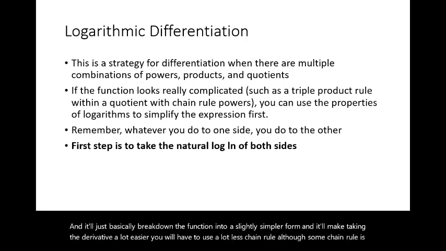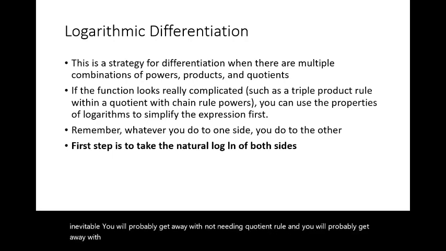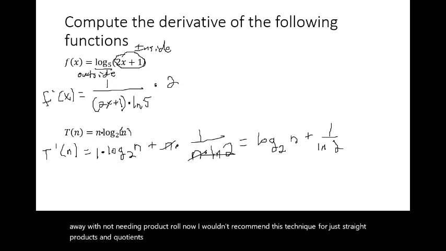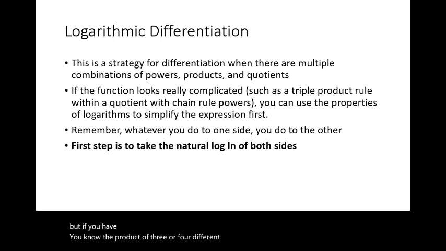You will probably get away with not needing quotient rule, and you will probably get away with not needing product rule. Now, I wouldn't recommend this technique for just straight products and quotients, like n times log base 2 of n. By the time you actually go through the logarithmic differentiation process, it will take longer than just using product rule. But if you have a product of 3 or 4 different functions, it's probably a good idea to break it up with logarithms first.